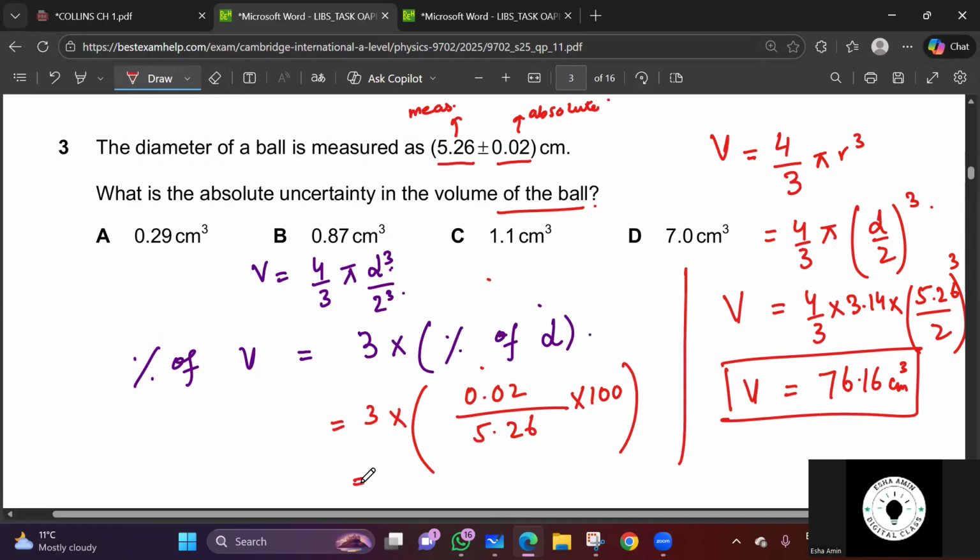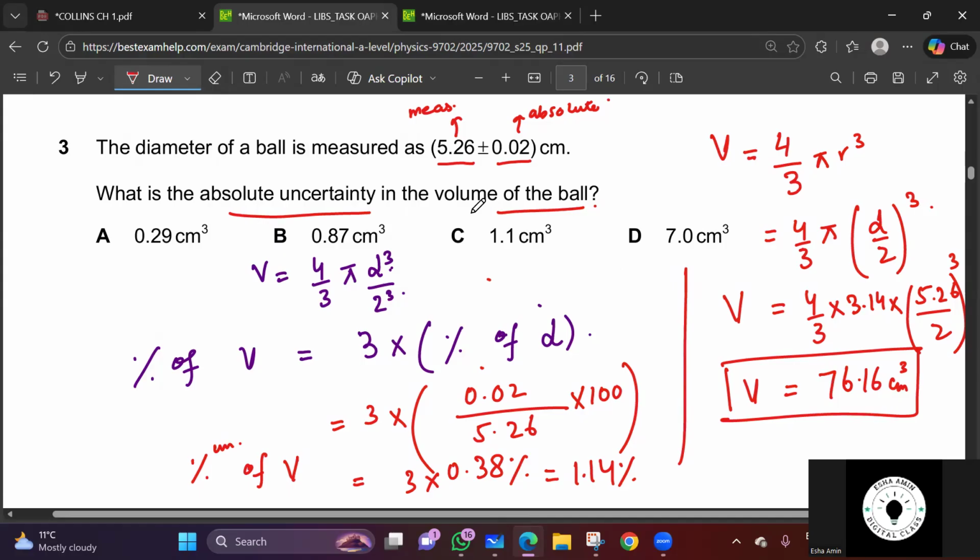When you calculate it, you will get 0.38%, times 3, so this will be 1.14%. So the percentage uncertainty of volume is 1.14%, but we have to find the absolute uncertainty in the volume.